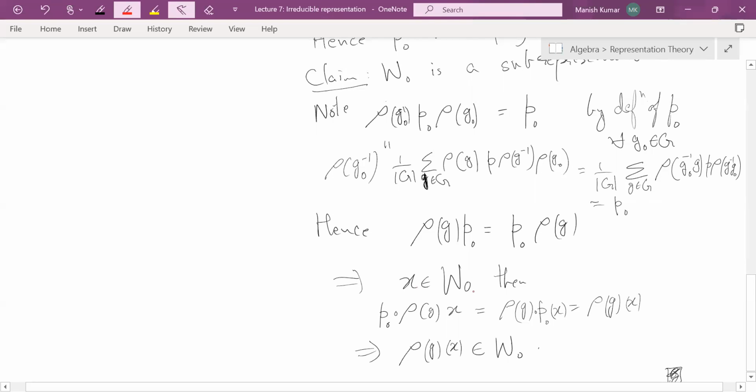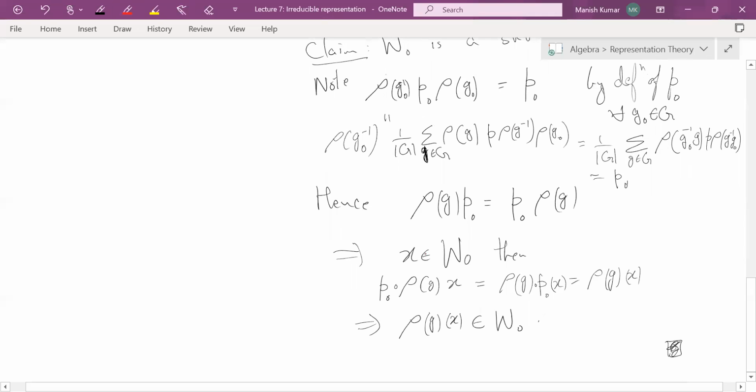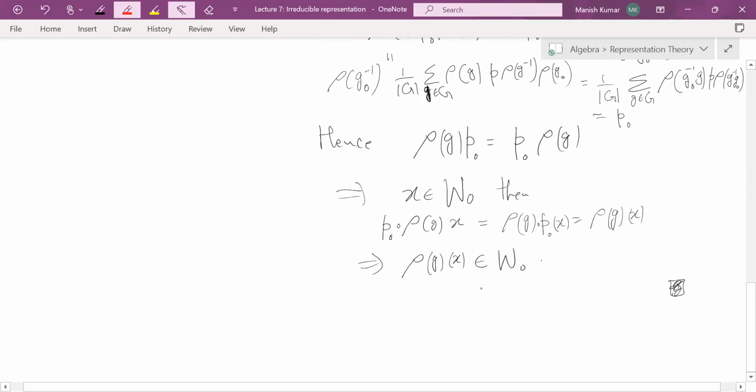I want to say that W0 is a sub-representation. So you start with X in W0, then this identity tells you that P0 rho G X is the same as rho G P0 X, but P0 is a projection, so it's the same as rho G X. So what it says is that P0 maps rho Gx to rho Gx, so rho Gx must be in W0.